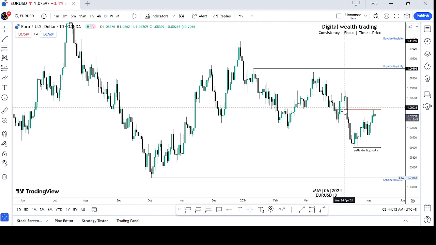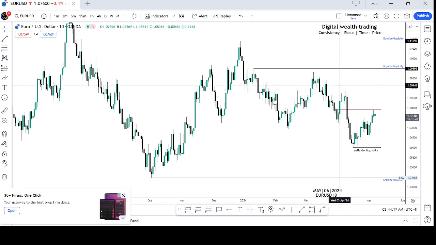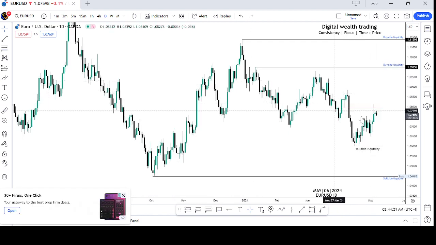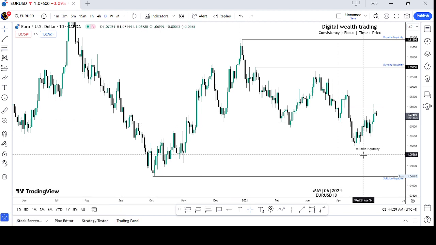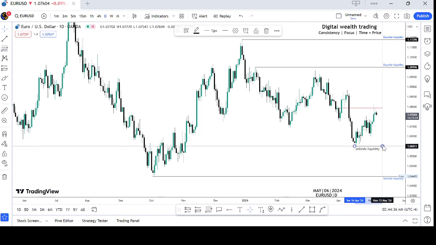There are people having their orders sitting, the banks, the commercial traders, with their orders around this area. So the market needs to come back to get their orders in order to move efficiently towards its main direction.